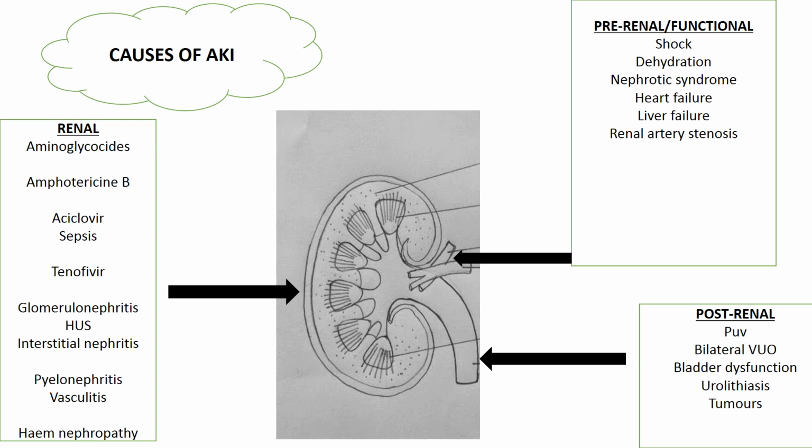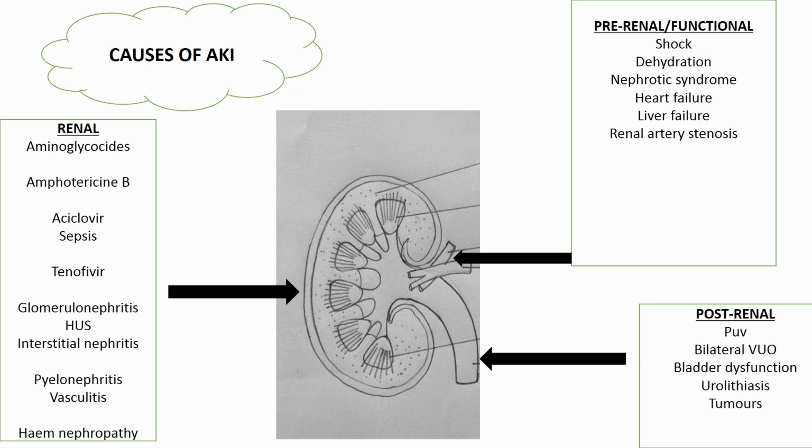So, having looked at what acute kidney injury is, now we can look at the causes of acute kidney injury. Traditionally, we've looked at the causes of acute kidney injury as being either pre-renal, which now people call functional AKI, post-renal, or renal. So let's start by looking at the pre-renal causes.